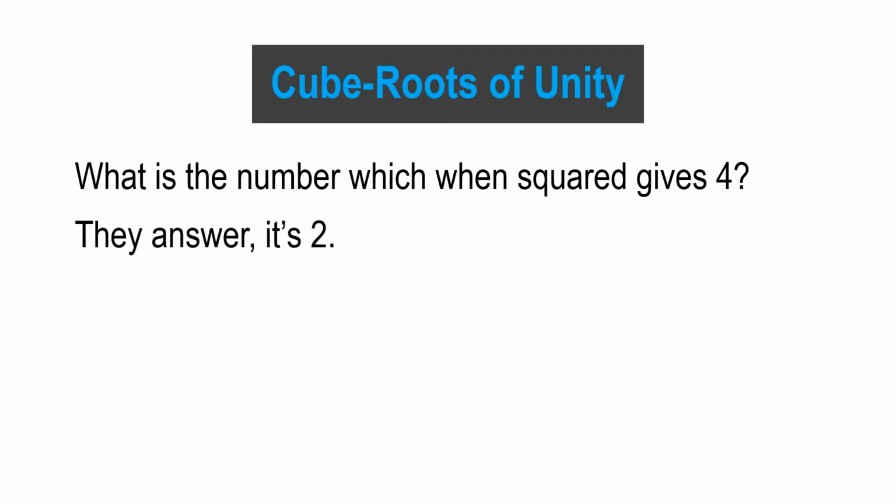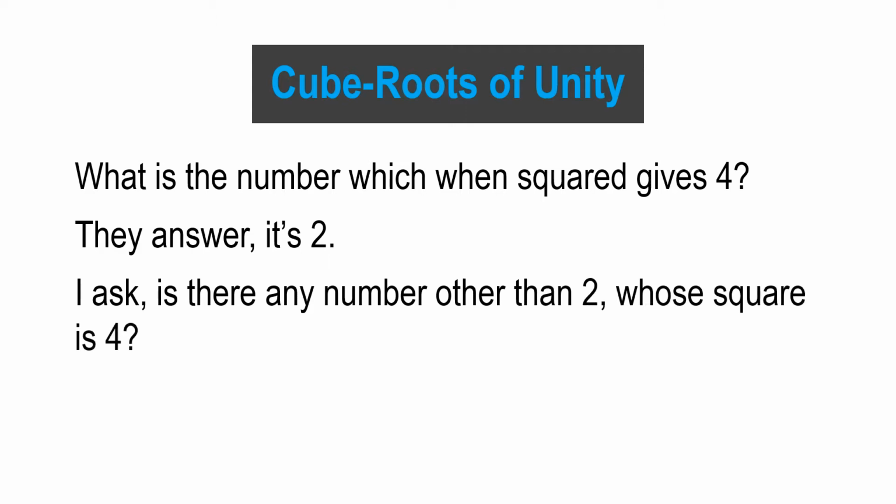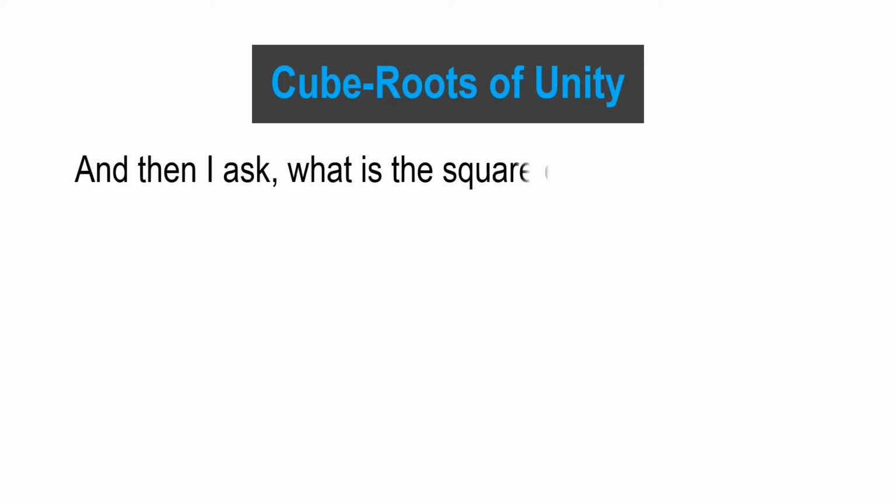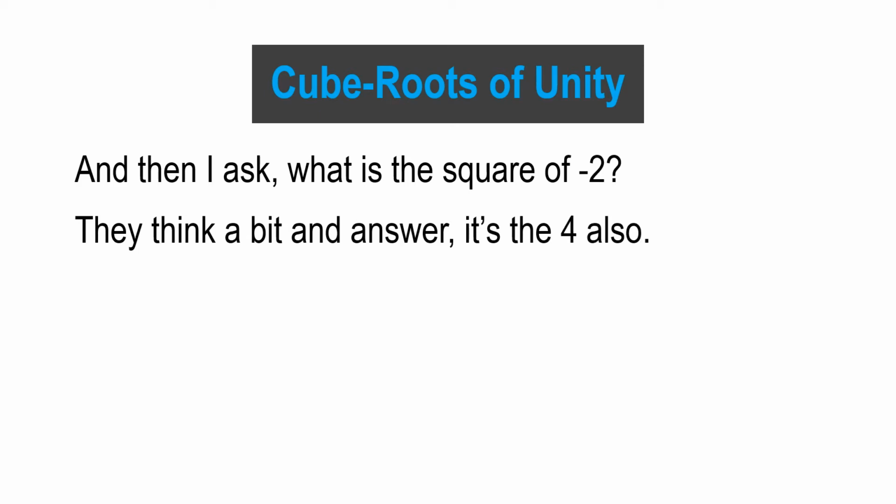They answer it's 2. I ask, is there any number other than 2 whose square is 4? Normally the students answer no sir. And then I ask, what is the square of negative 2? They think a bit and answer, it's 4 also.